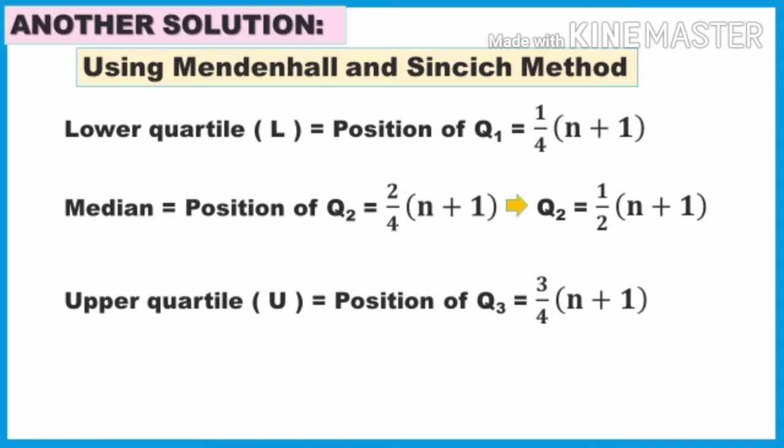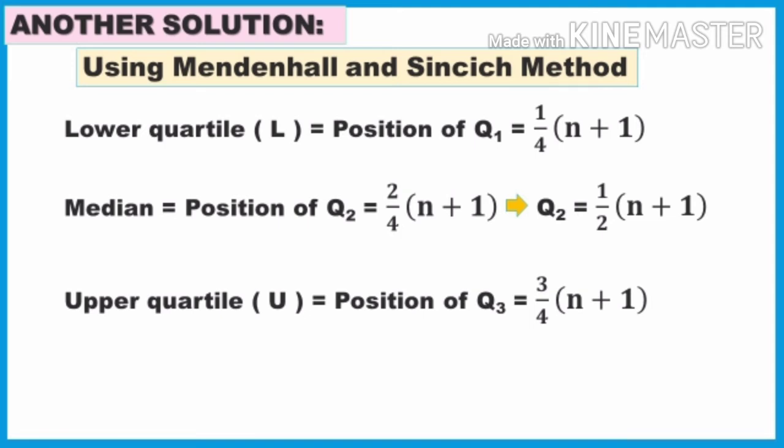And to find the median or the position of the second quartile, we have 2/4 times n plus 1, or it is equal to second quartile equals 1/2 times n plus 1. And to find the upper quartile or U, this is the position of third quartile.